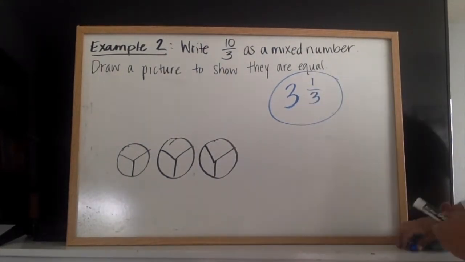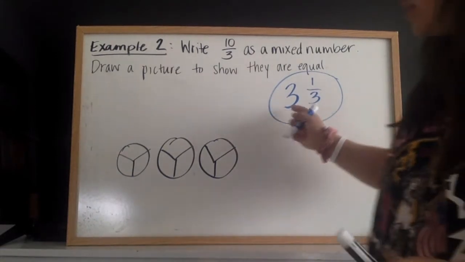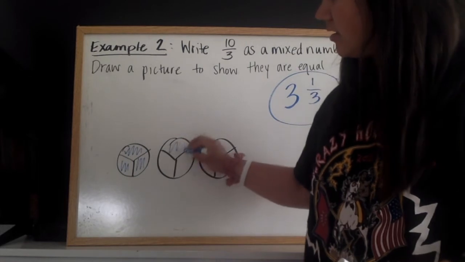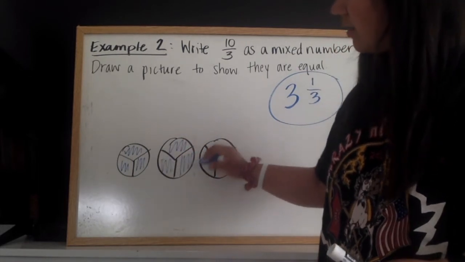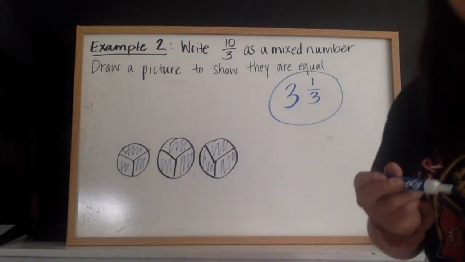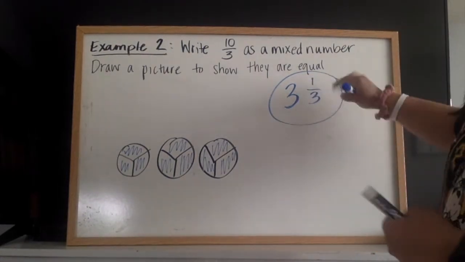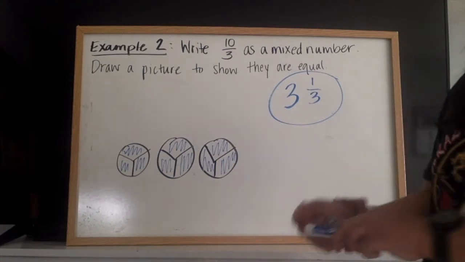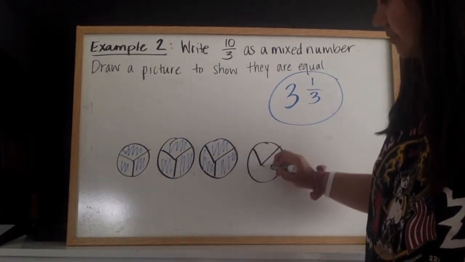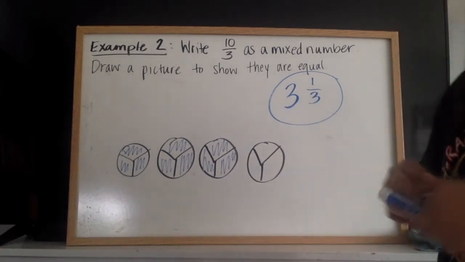Now I'm going to color them in because I have 3 wholes. 1, 2, 3. All right, now I have 3 wholes colored in. And then I have 1/3 left. So I'm going to draw one more circle. I'm also going to divide it into thirds, but I'm only going to color in 1.